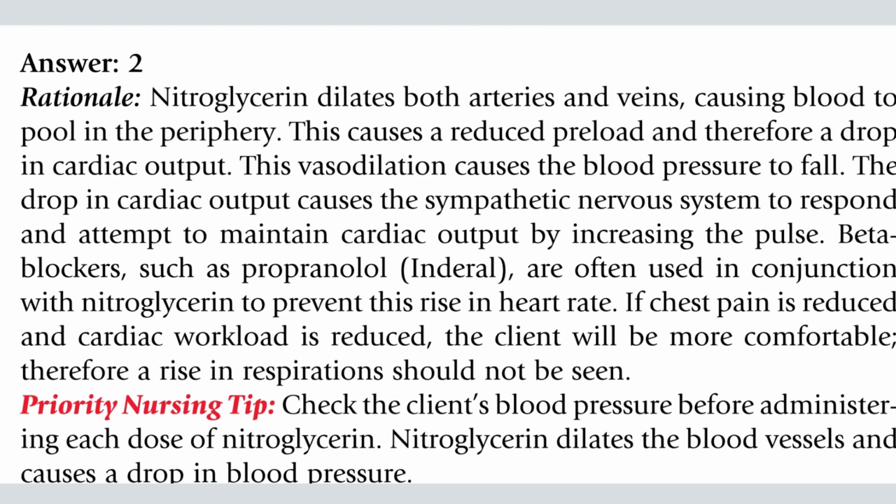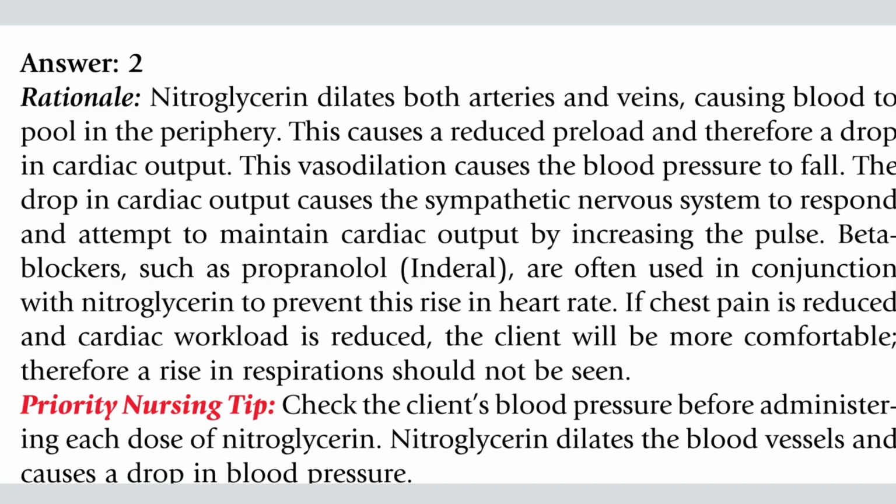Answer: 2. Rationale: Nitroglycerin dilates both arteries and veins, causing blood to pool in the periphery. This causes a reduced preload and therefore a drop in cardiac output. This vasodilation causes the blood pressure to fall. The drop in cardiac output causes the sympathetic nervous system to respond and attempt to maintain cardiac output by increasing the pulse.